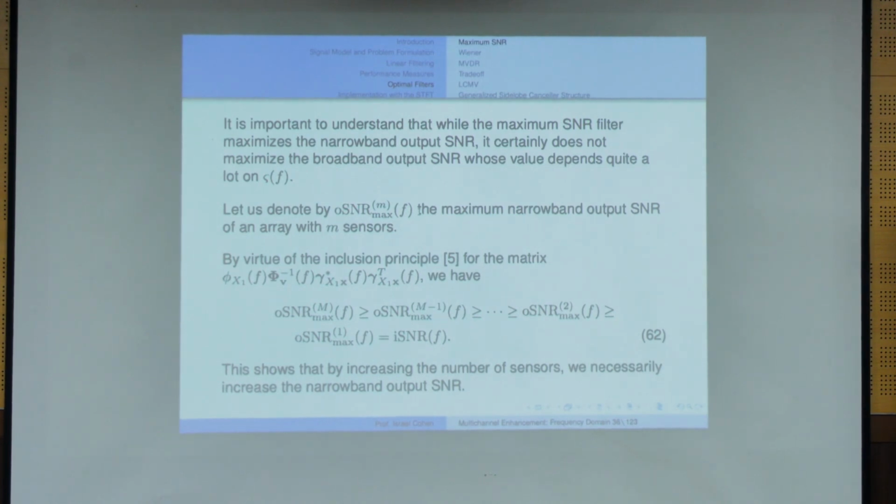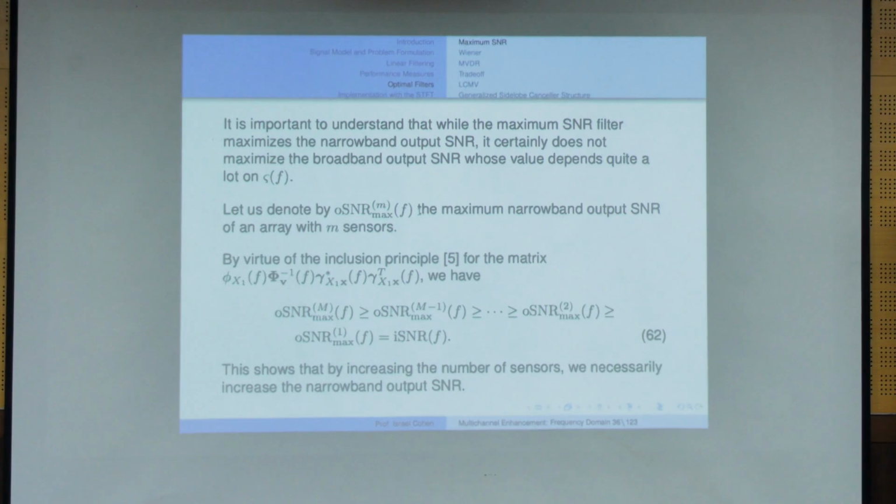So think about it: suppose that we add an additional sensor and the desired signal received in this additional sensor does not correlate with X1, with the desired signal in Y1, in the reference sensor.